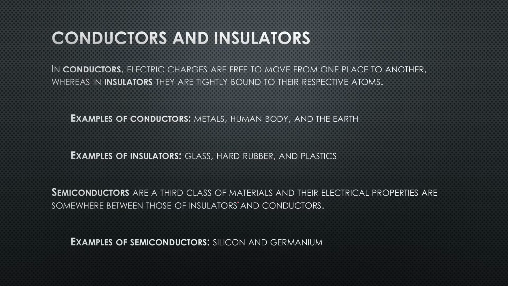Semiconductors are a third class of materials, and their electrical properties are somewhere between those of insulators and conductors. Examples are silicon and germanium. Conductors, semiconductors, and insulators are more on the electronics and electrical engineering side.